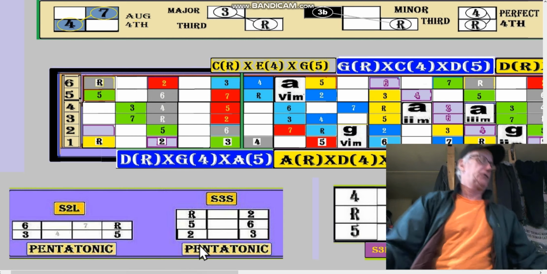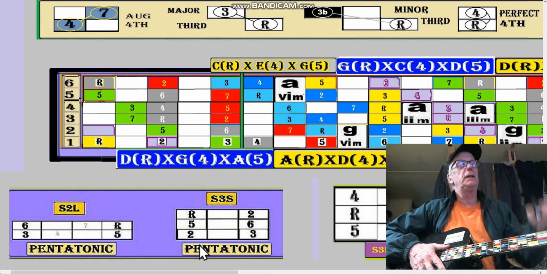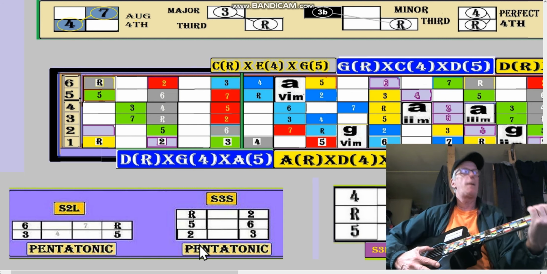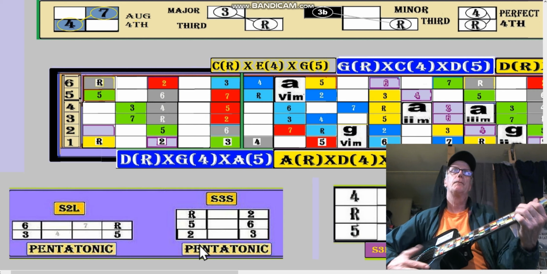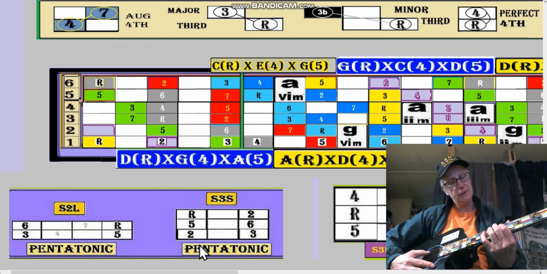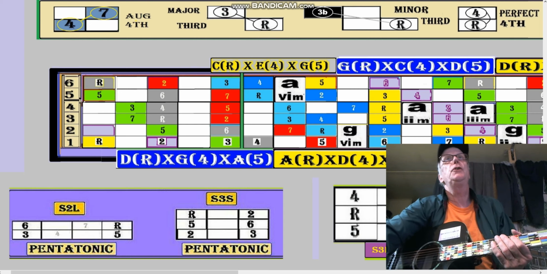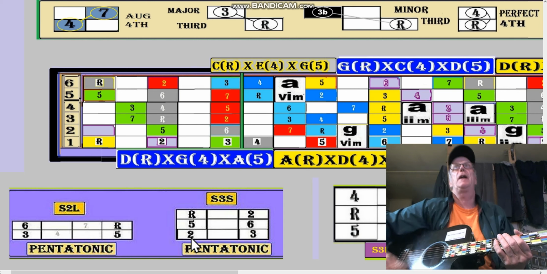And this isn't just an arbitrary, oh, I can play this. Let me do this. I can play this. You know, if you do that, you're lucky. But if you started here, you know what key you're in? B flat. You know why? Because 2 is the second of B flat.